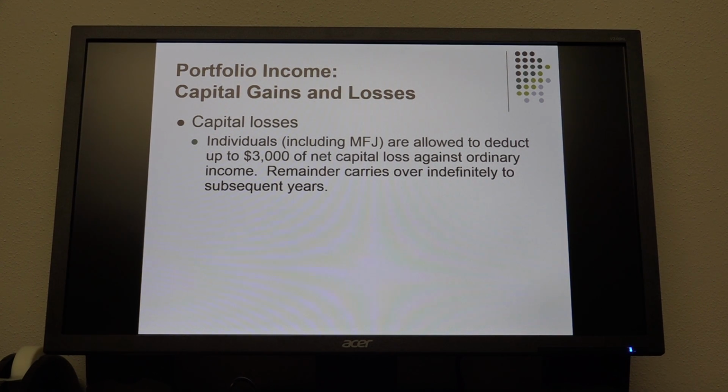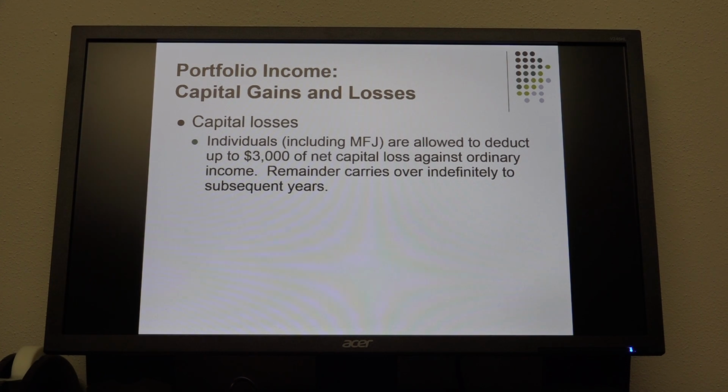If through this netting process you have net long-term capital losses, and in addition you have net short-term capital losses, either one or both, you're allowed to deduct up to $3,000 of the net capital loss against ordinary income.